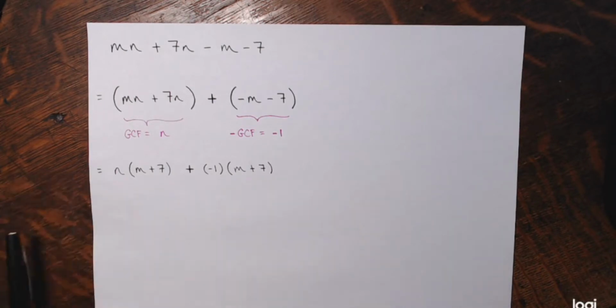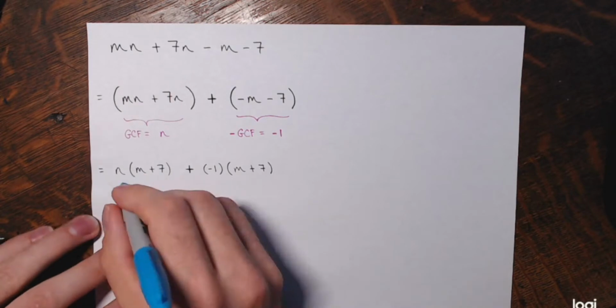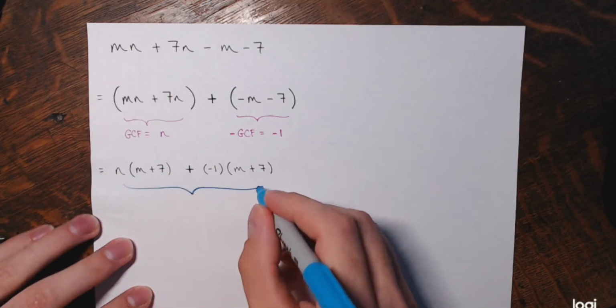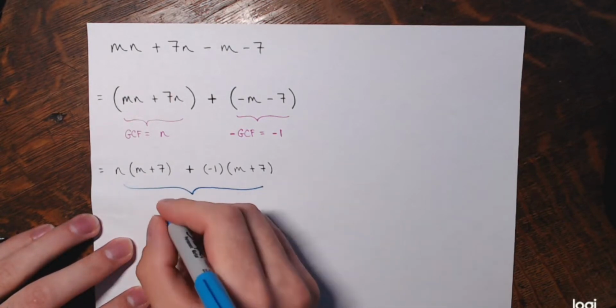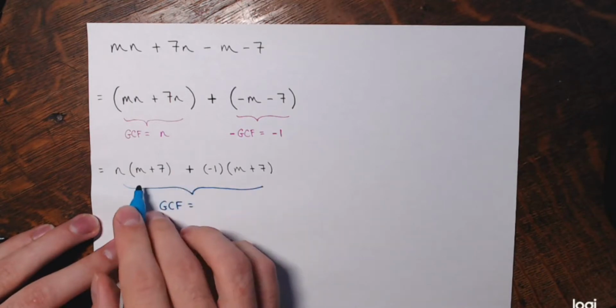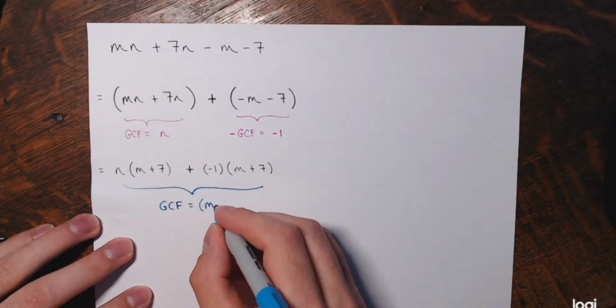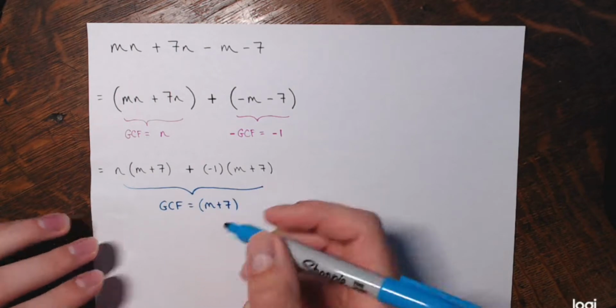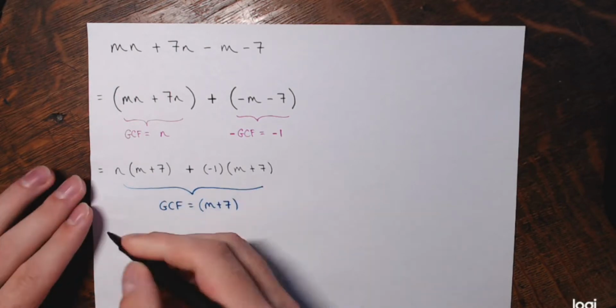And then you look at the thing as a whole. Look at the entire expression now, after factoring both groups. The greatest common factor of both these products is this quantity m plus 7. So, I pull that out.